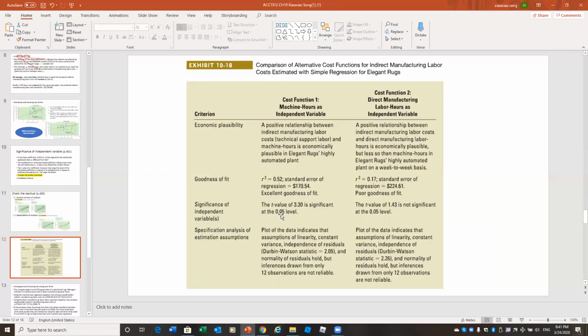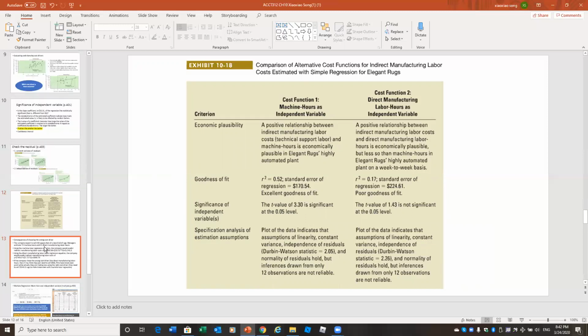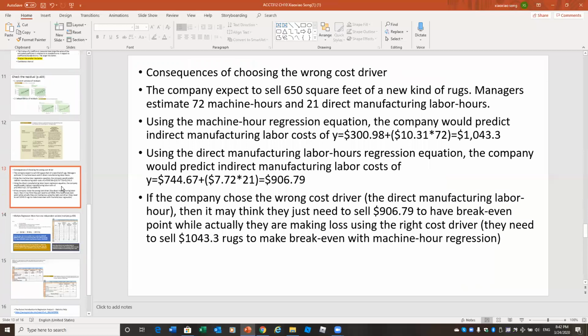If it's smaller than 5%, it's significant. If it's larger than 5%, it's not significant. So from the R square and the p-value, you should be able to pick the better predicting model.